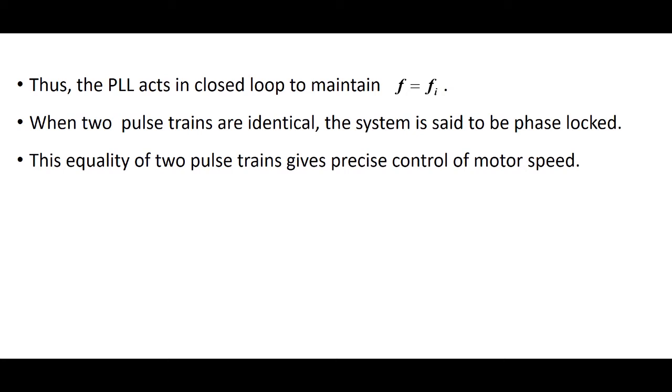So, when there is a deviation in the speed, there will be a certain difference in magnitude of frequency or phase between the output pulse train and reference pulse train, and so the phase detector acts in closed loop manner to make output frequency F equal to reference frequency F(i). So, output speed is equal to reference speed. So, very precise speed control can be obtained. Typically, speed regulation less than 0.002% can be obtained.